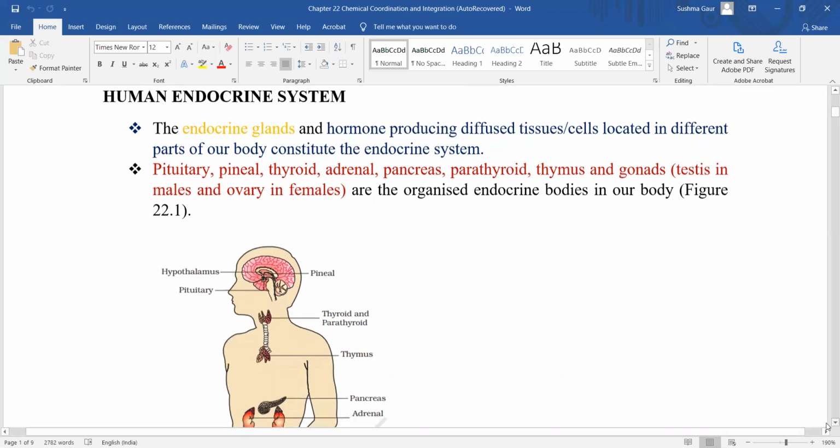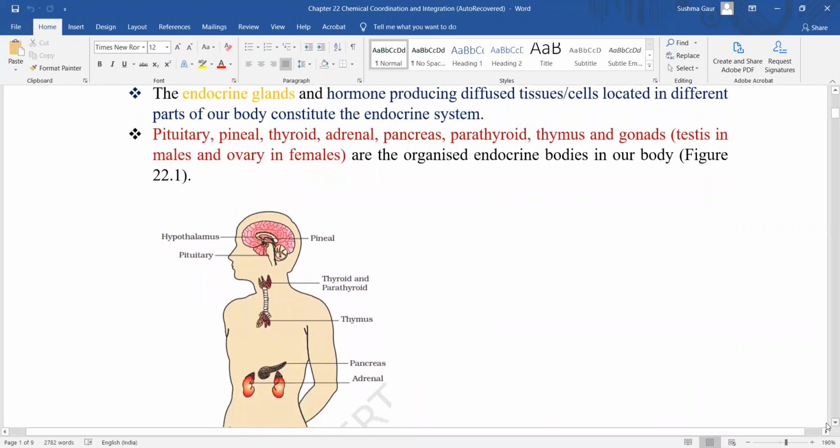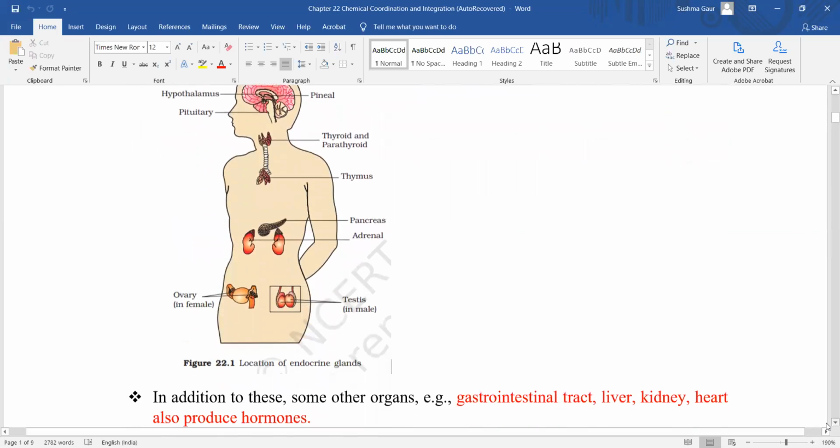You have to learn the names of different endocrine glands like pituitary gland, pineal, thyroid, adrenal, pancreas, parathyroid, thymus, and gonads, that is testes in case of male and ovaries in case of female. They are the parts of the endocrine system in our body.